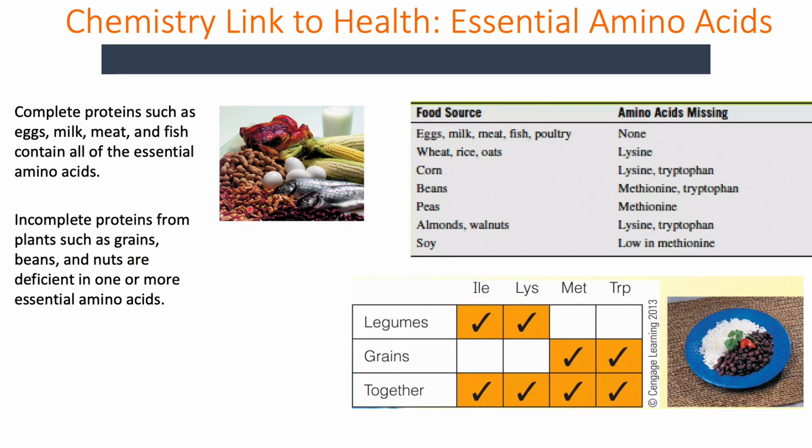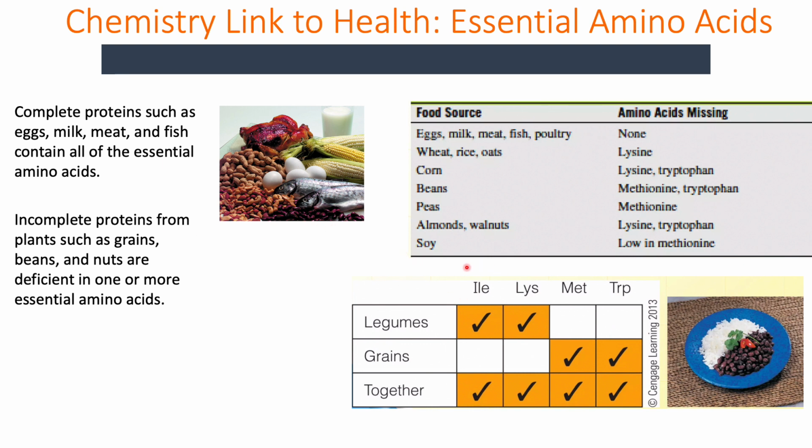Animal proteins from egg, milk, meat, and fish are all complete proteins and contain all the essential amino acids. Whereas proteins from plants such as grains, beans, and nuts are deficient in one or more of the essential amino acids, and hence they are incomplete proteins.